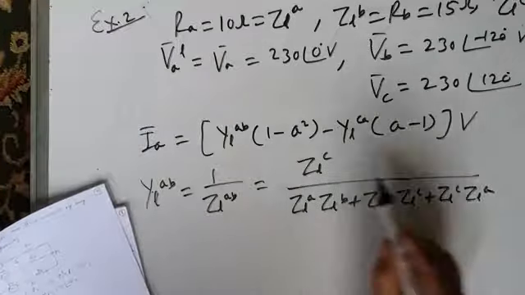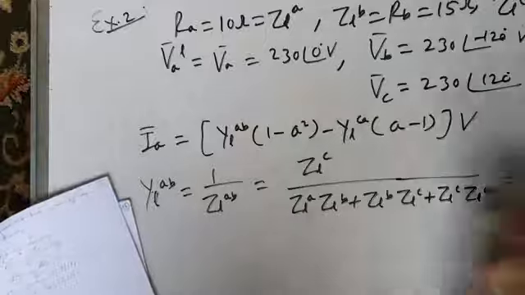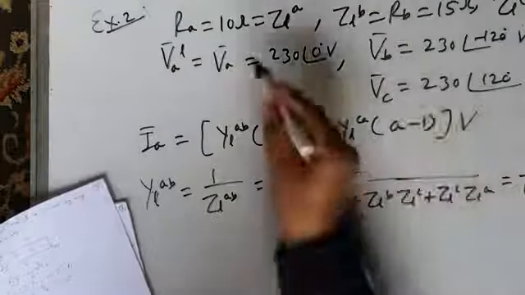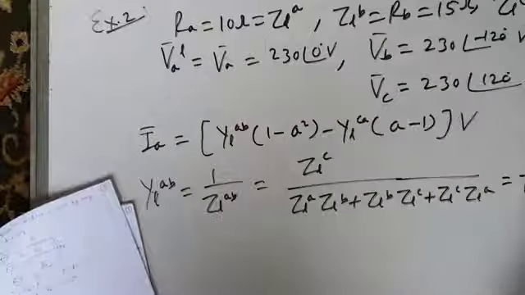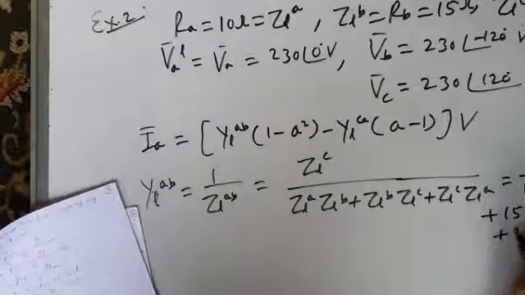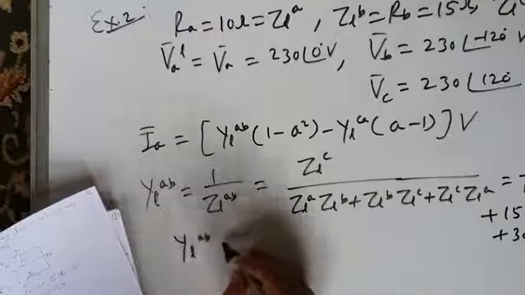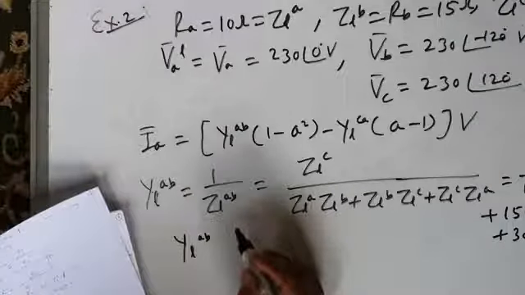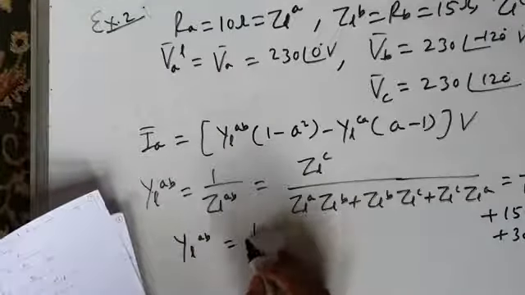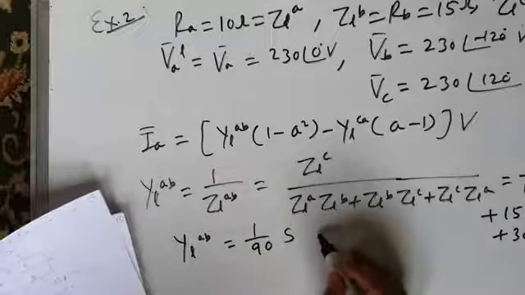ZLC is 30 ohms, divided by ZLA is 10 ohms into ZLB, which is 15, plus 15 into 30 plus 30 into 10. Solve this and it will give you YLAB. This YLAB comes out to be 1 by 30 Siemens.